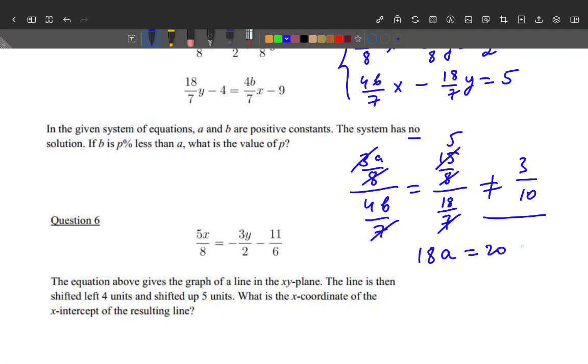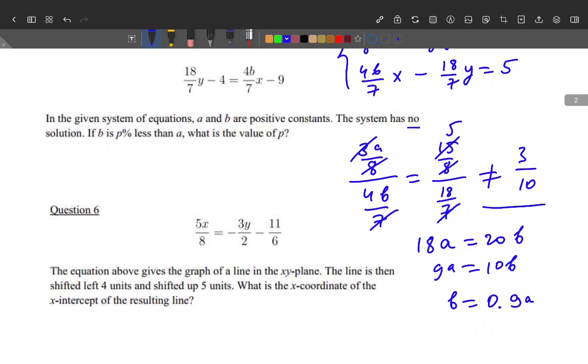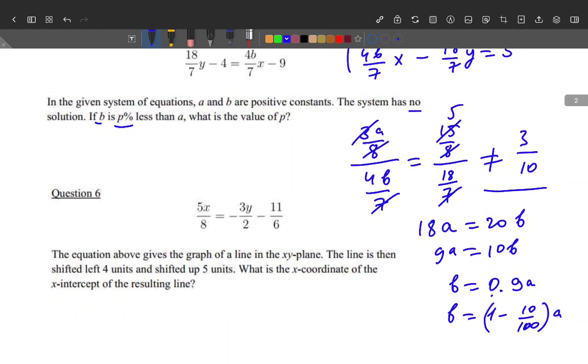It gives us 18a = 20b, 9a = 10b. b is equal to 0.9a. If b is p percent less than a, it means b is 10% less than a.